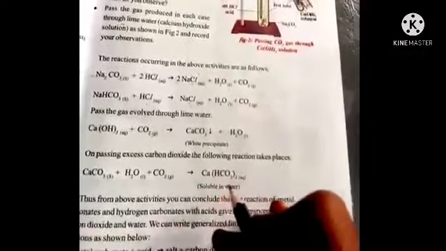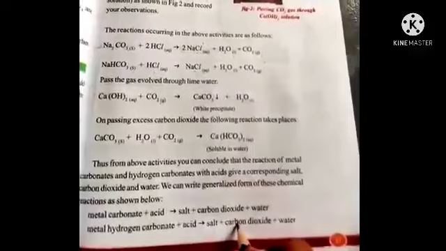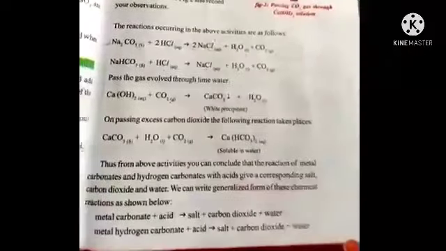So metal carbonate plus acid gives salt plus carbon dioxide plus water. Metal hydrogen carbonate plus acid gives salt plus carbon dioxide plus water.